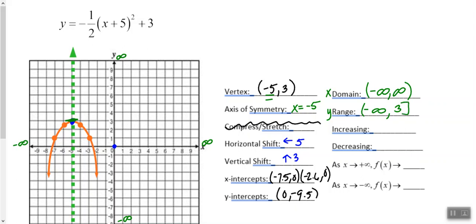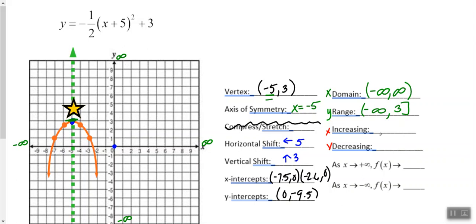And finally, for this one, we have increasing and decreasing. I'm going to get my star. All right, so again, we only care about the x values for both of these, for increasing and decreasing. So we're only talking about the numbers on the x-axis. Starting on the left, from -infinity to my vertex, I increased.